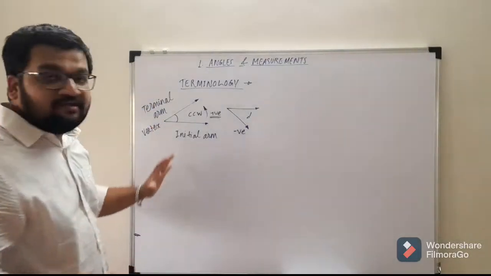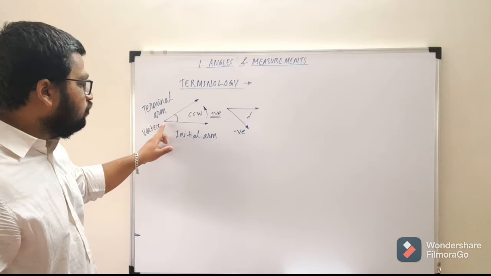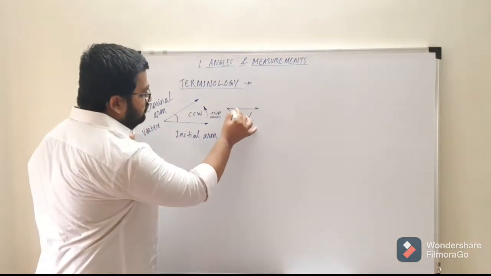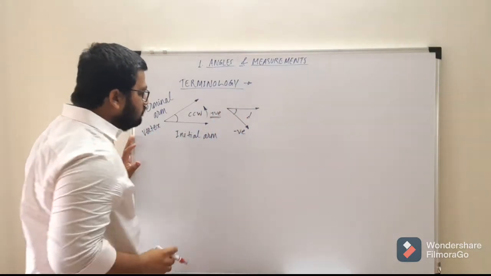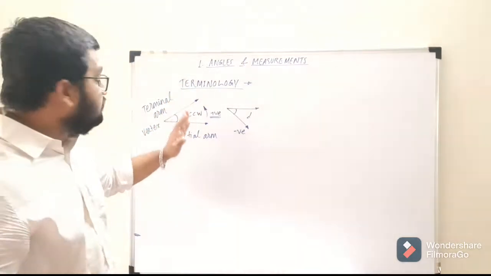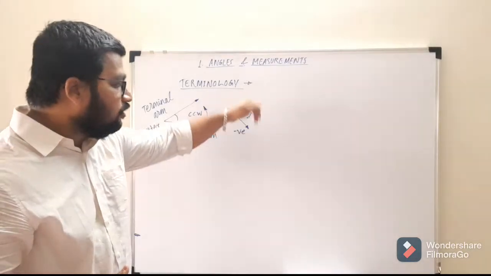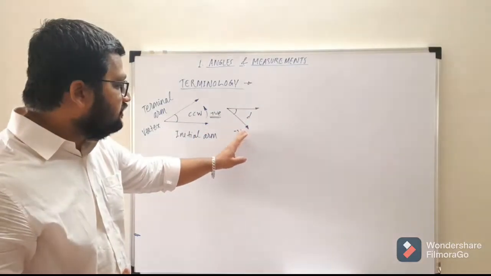So this is the basic. This is the terminal arm, this is the initial arm, and this is the vertex. The point joining both the arms is called the vertex. If we go counterclockwise, that is we draw conventionally, this is our positive angle. If we go clockwise, that is in the downward direction, this is our negative angle.